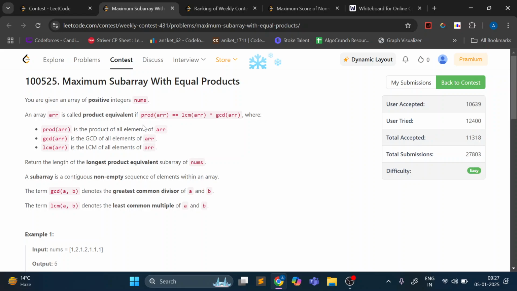Now what does product equivalent mean? That the product of the array is equal to the LCM of that subarray times the GCD of that subarray. So the product is the product of all the elements, GCD is the GCD of the whole array, and LCM is the LCM of all the elements in that array. Now we have to return the longest product equivalent subarray in the given array nums.